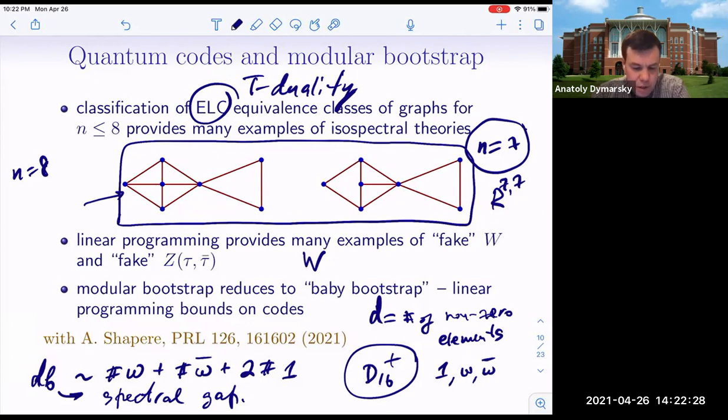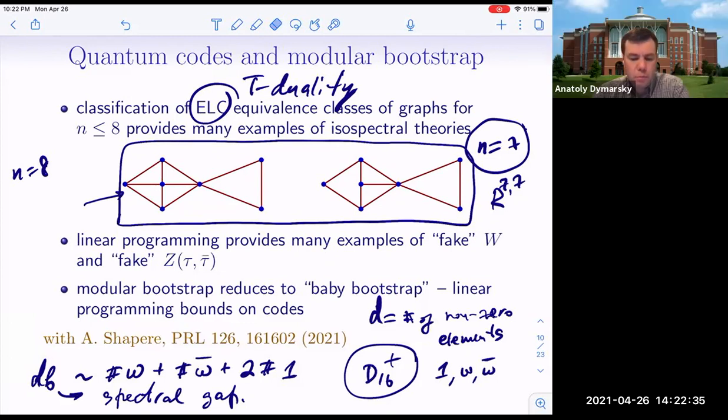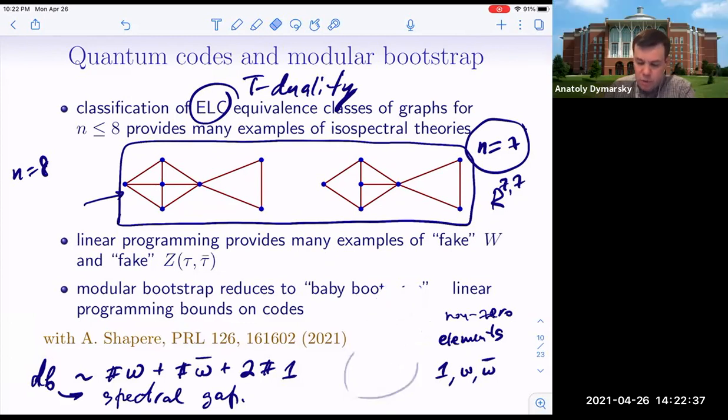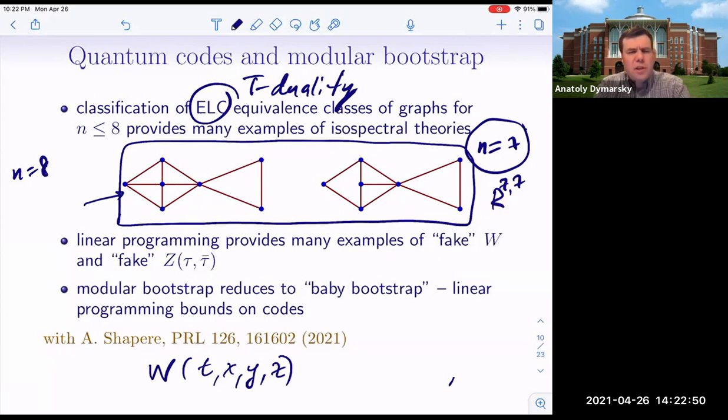Okay, next thing which we can use is the fact that to produce a modular invariant Z, we don't really need to start with the code. We can simplify the construction, and we can say that we have W, which depends on 4 variables, and this W satisfies a certain algebraic identity, plus the coefficients should be integer and positive. And to generate such W is a very straightforward problem of linear programming.